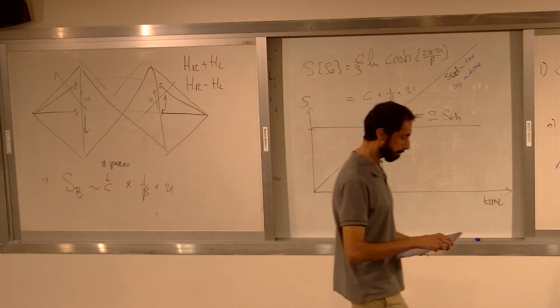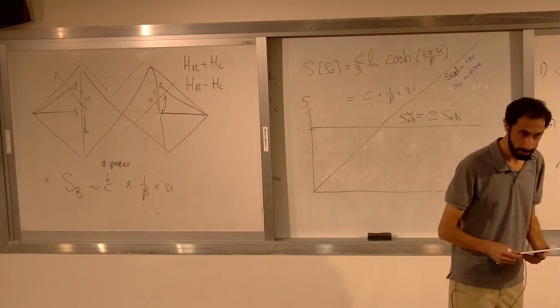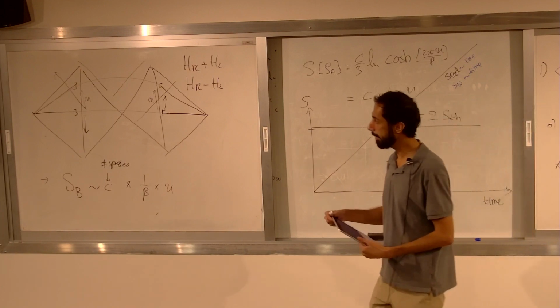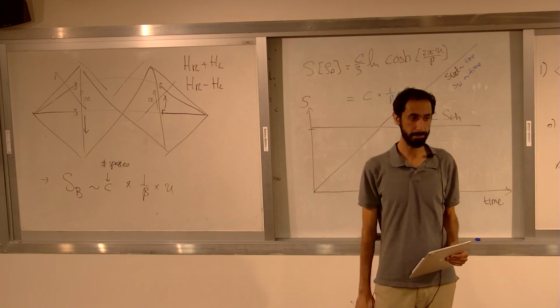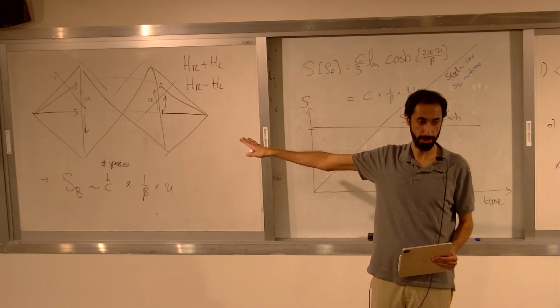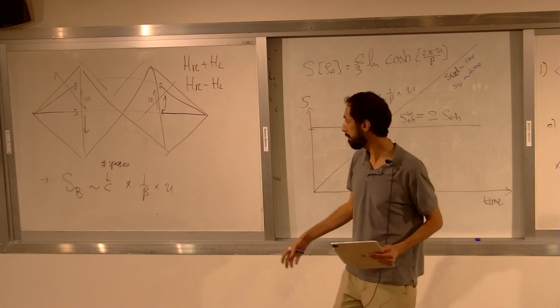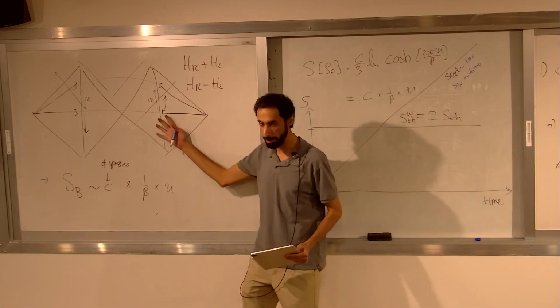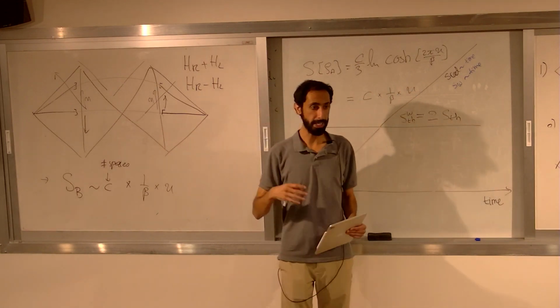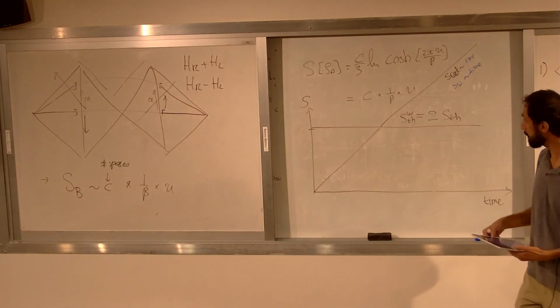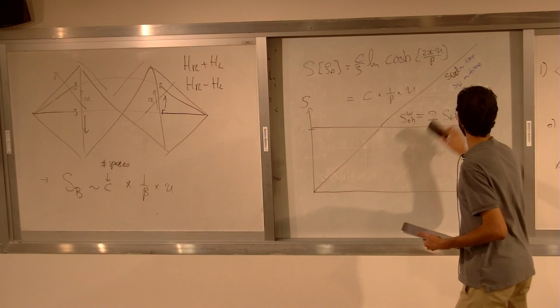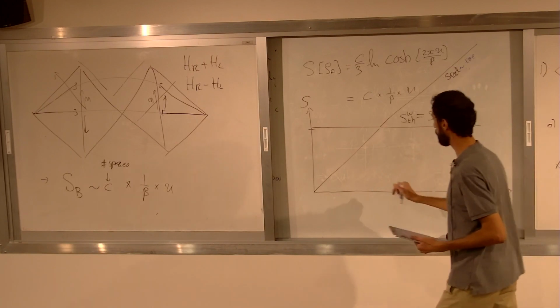The other scenario: assume that beta is constant in time. I built up my setup so that beta is constant in time. It's an eternal black hole. I've initiated all the matter coming in from infinity in such a way that it stays at beta. The other scenario is to say, what about this?